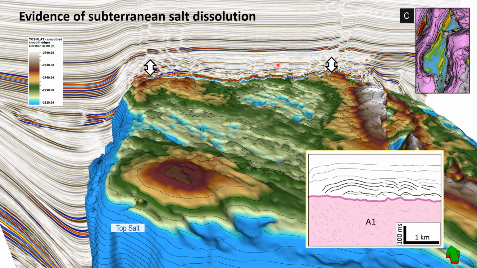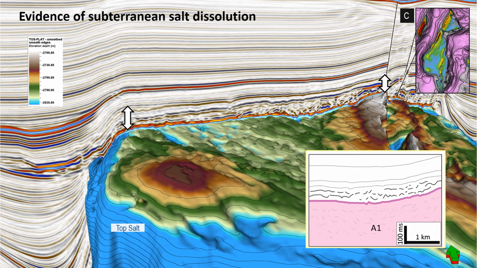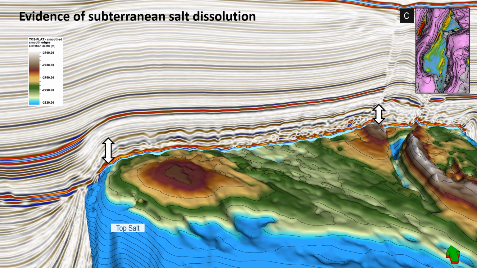Deformation or collapse of the units above dissolved salt crests is expressed as pseudo-downlap, chaotic seismic phases where the top salt is lower, and vertical fissures or pipes.